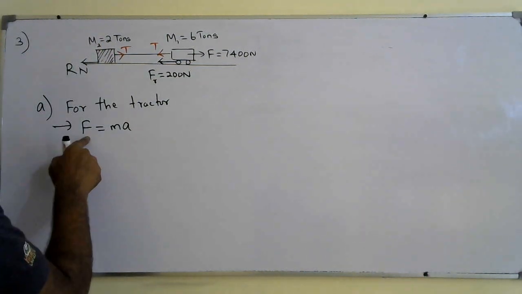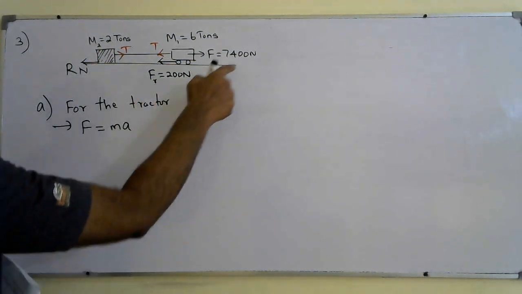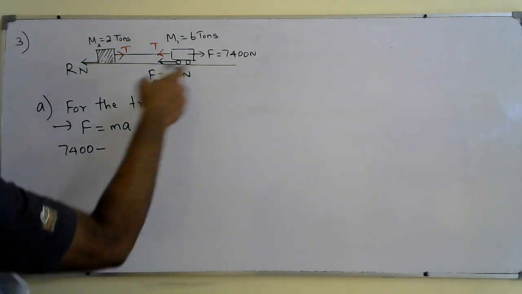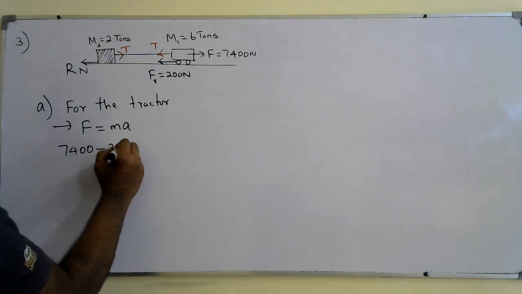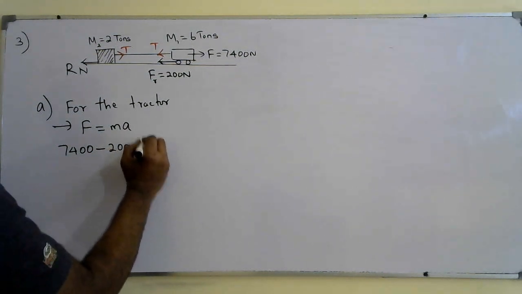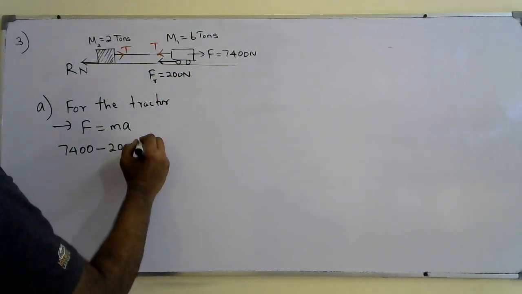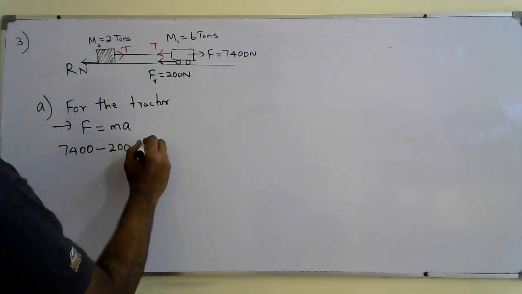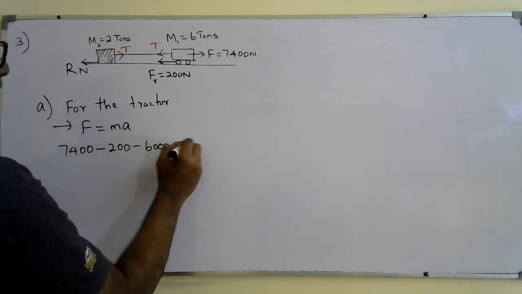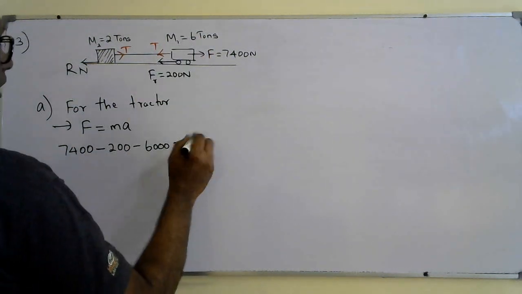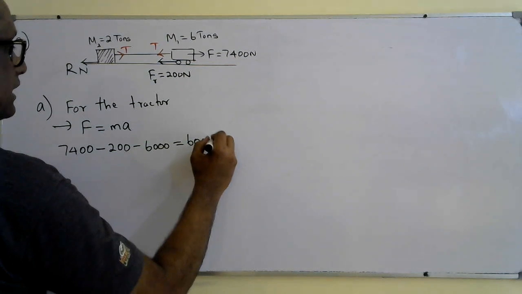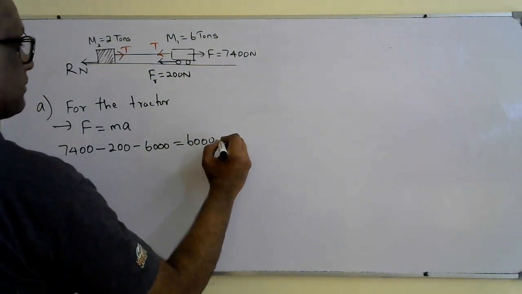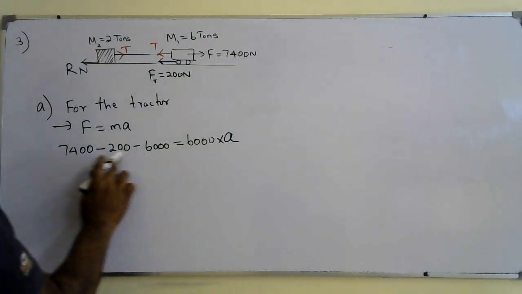Okay, if I consider the resultant force I need, that is 7,400 minus 200 minus tension, where tension is equal to 6,000. So minus T I should put, but instead of putting minus T, the tension is given as 6,000, equal to the mass of the tractor, which is 6 tons, 1 ton is 1,000 kilograms, so 6,000 times A. Okay, everything I know here.